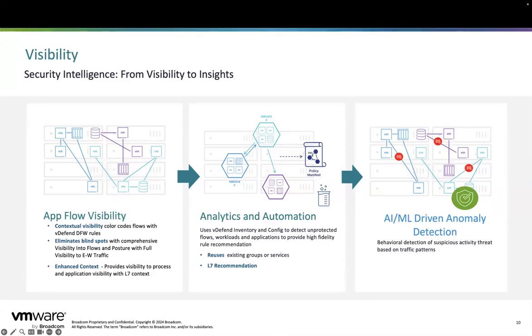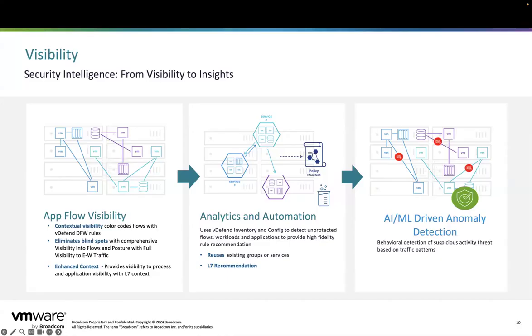Security intelligence can eliminate blind spots with comprehensive visibility into flows and the security posture of the organization, with full visibility to east-west traffic. And then enhanced context as well, providing process and application visibility with layer 7 context. With security intelligence, we can get analytics information.